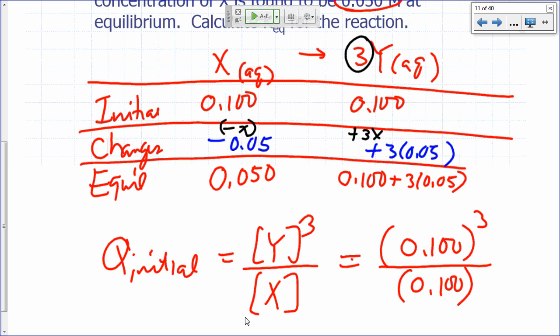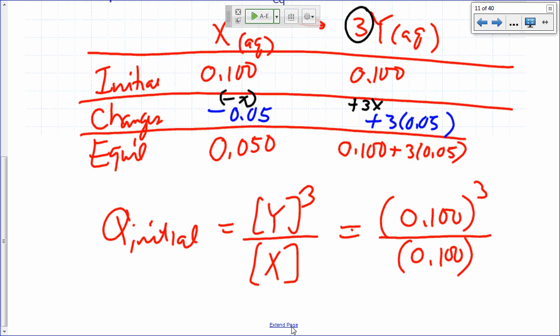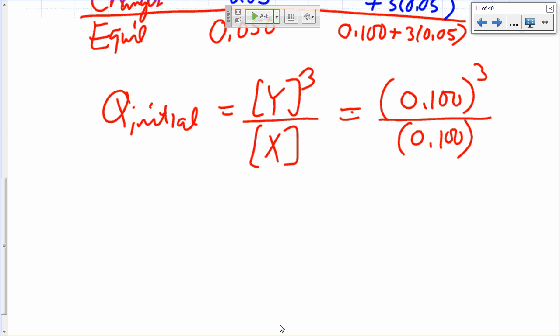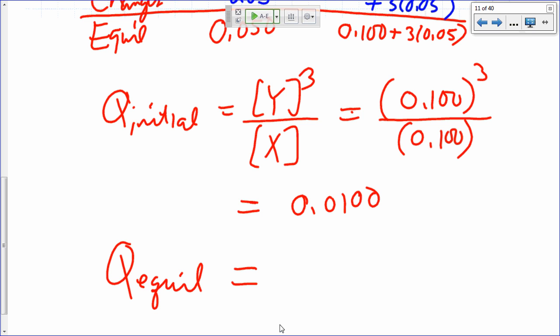So what is my Q at the beginning of this reaction? Initially, my Q is 0.0100.